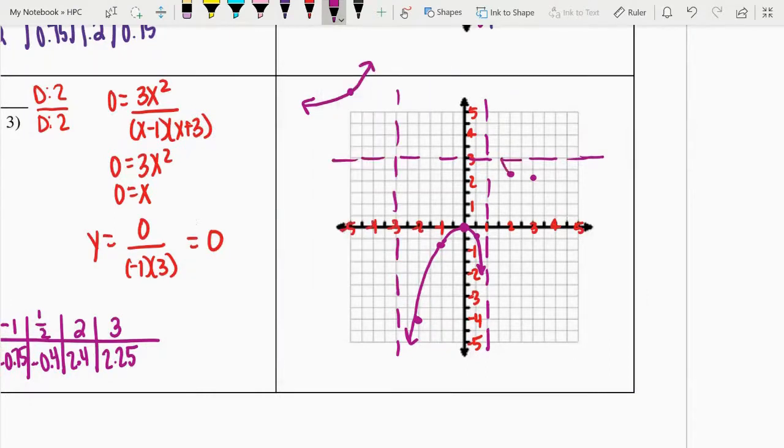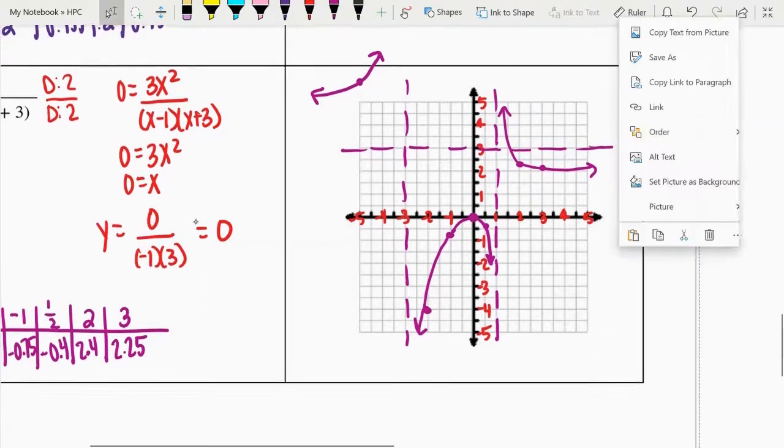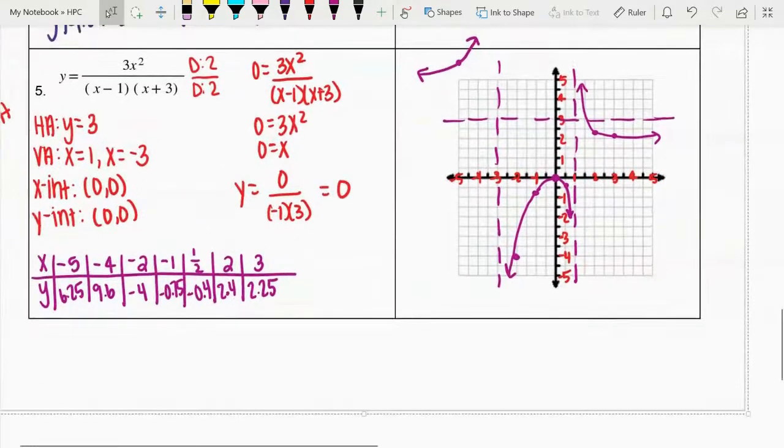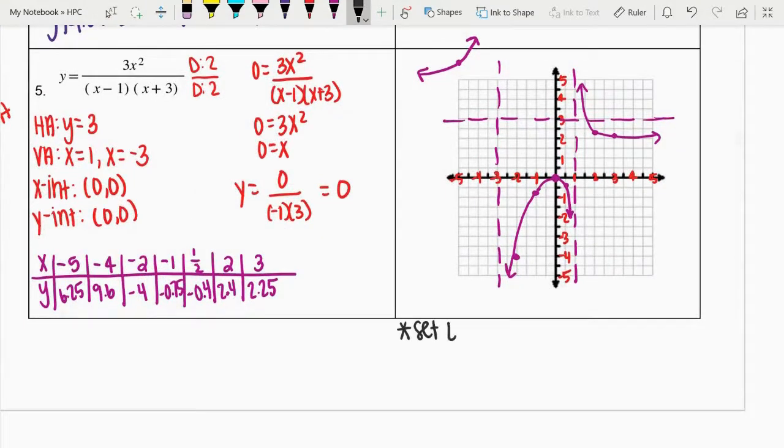Okay, so you may notice that this one actually crosses the horizontal asymptote. So this is a little bit of a special case. So to determine if that's going to happen, you are going to set, I'm just going to write down here, so set the equation equal to the horizontal asymptote. If your answer there, so if x equals some number, that's where it's going to cross the horizontal asymptote.